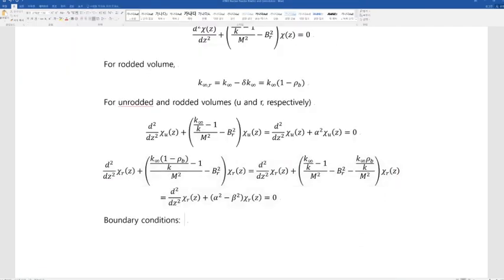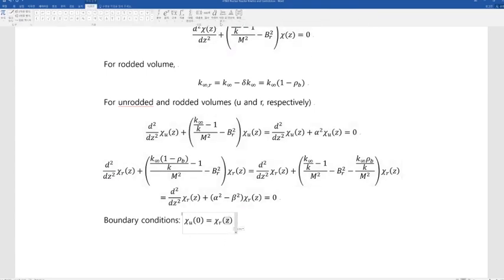So in the case of unloaded, it is 0, and the loaded one at H tilde must be 0.